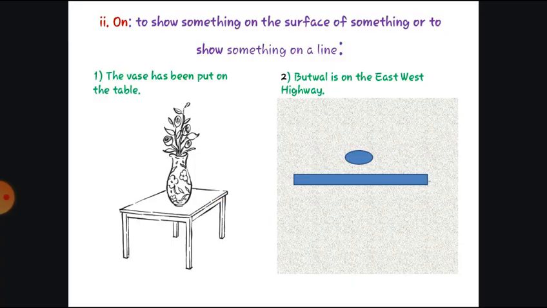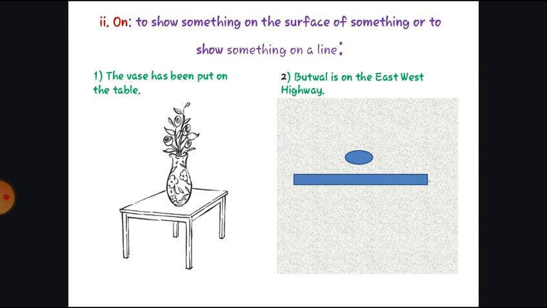Now let's talk about another picture that is also given here. Even in your book, you can see one picture of a vase, and another picture is of the east-west highway. By the side of the east-west highway, one spot is given, and that spot is Butwal.